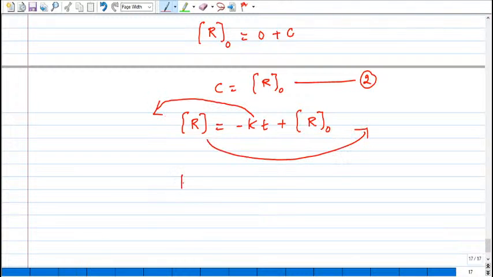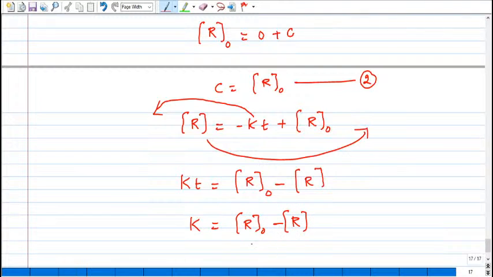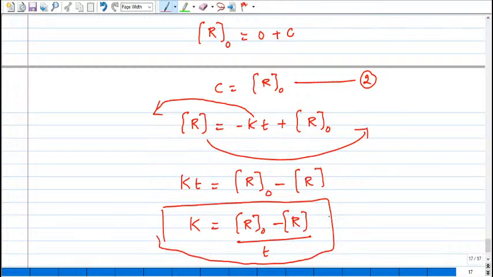So KT will become equal to R naught minus R. Then if you want K, it is R naught minus R divided by T. It's a very important formula for the zero order rate constant. So this is an expression for the zero order rate constant.